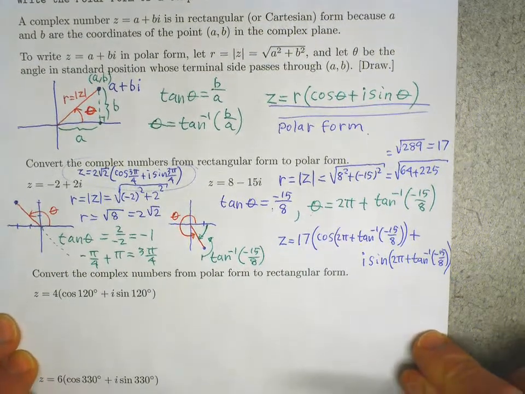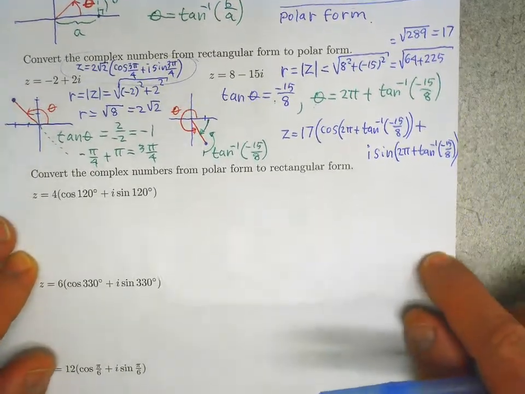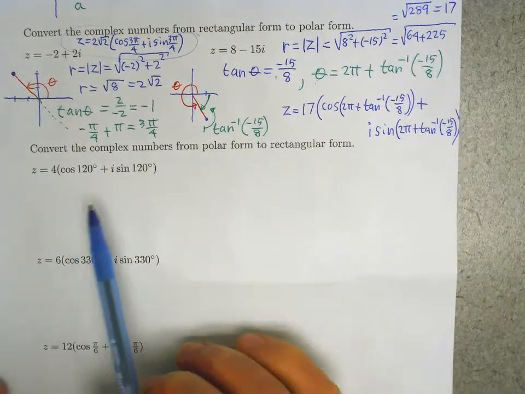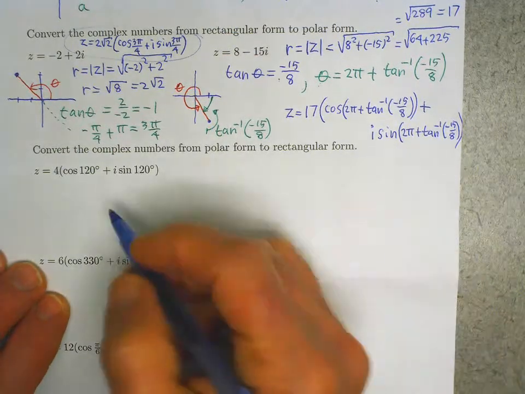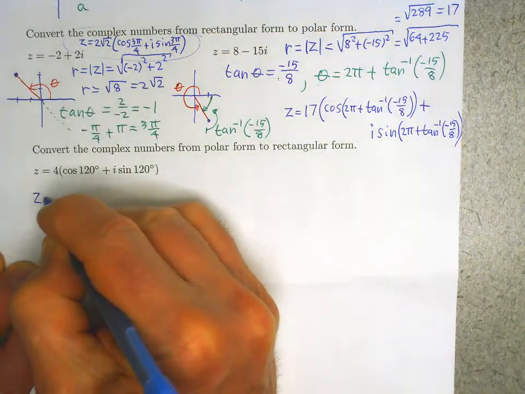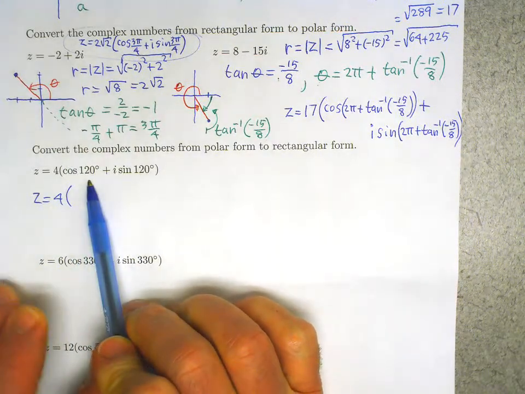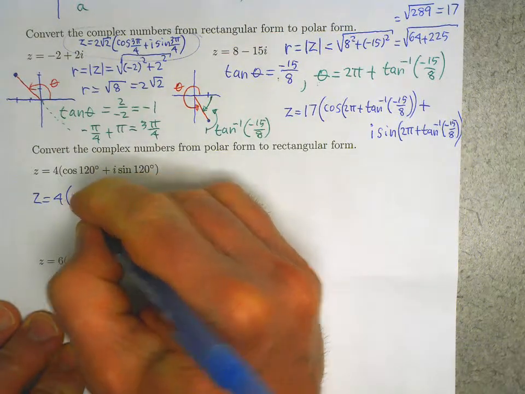Okay, converting complex numbers from polar form to rectangular form. That might be a little bit easier, especially if the angles involved are either special angles or have reference angles that are special angles. So in this one, we first evaluate cosine of 120 degrees. Cosine of 120 is negative 1/2.